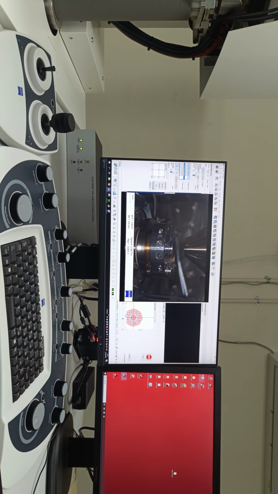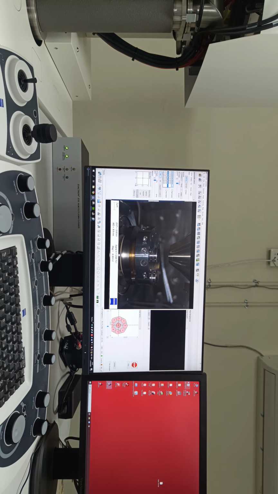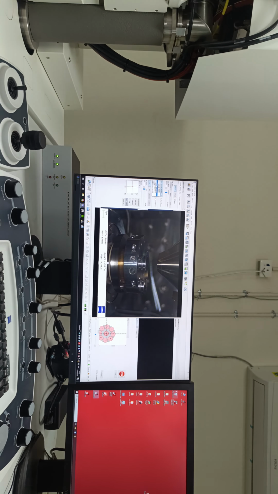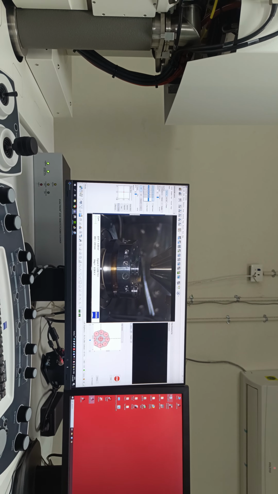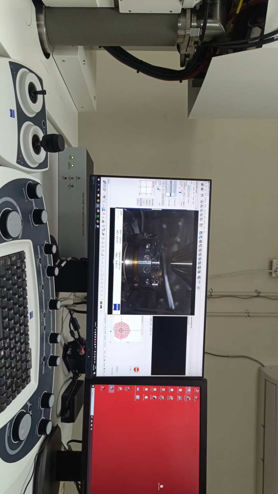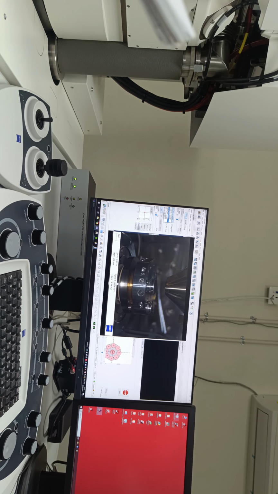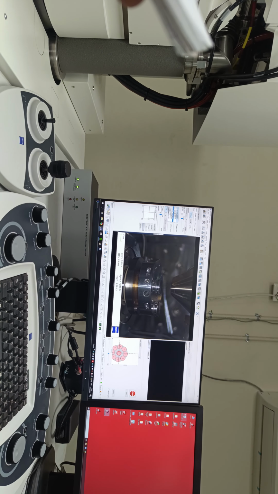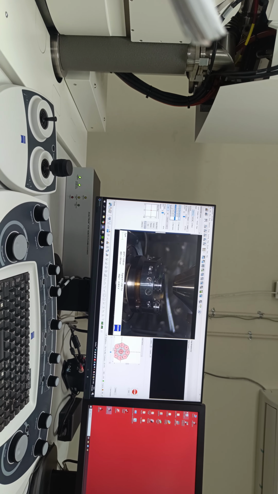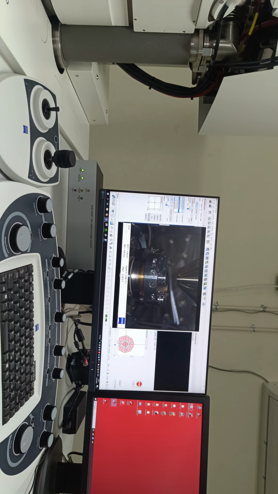For lower kV applications, suppose biological samples where you do not need too much probe current, you can use further below, 20 or 10. Please remember, the smaller the aperture, the number of electrons passing through the system is very low. So you need to optimize which particular aperture you need to use according to your sample.